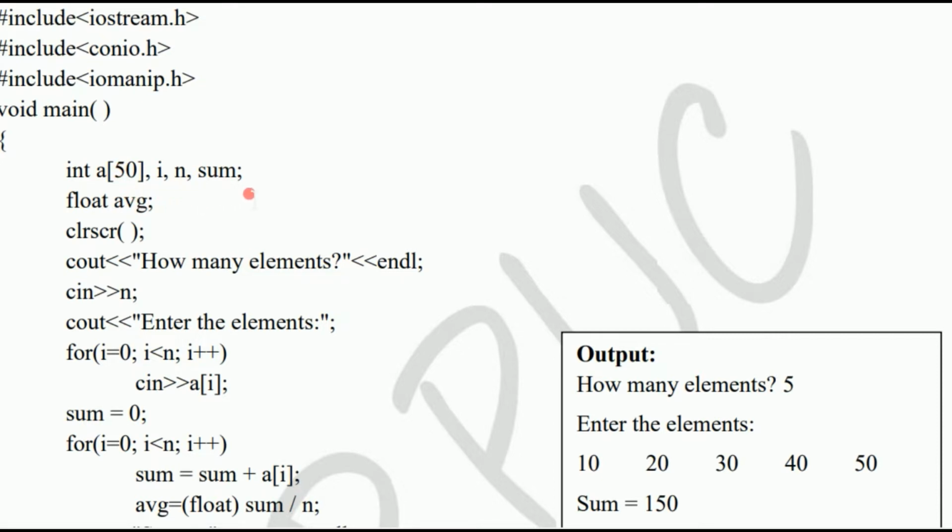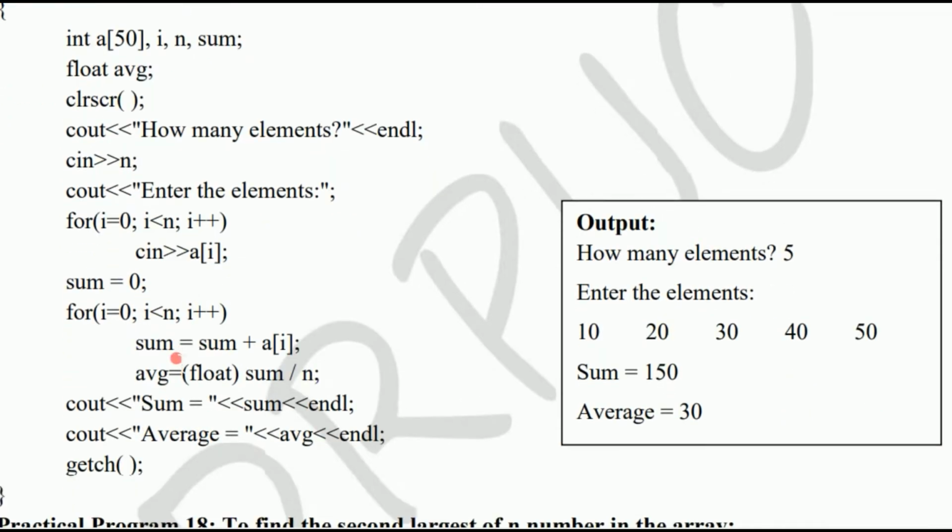Then float avg, clrscr, cout how many elements, cin >> n elements. Then cout, enter the elements. In the same way, for i = 0; i < n; i++, cin >> a[i]. Take all the values and take sum as 0. We have to take sum as 0 since it contains some garbage value, okay, unwanted value.